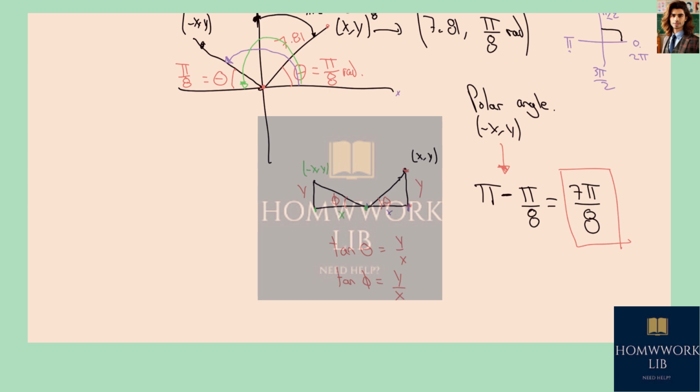So the second option would be adding pi over 8 plus 3 pi over 8, plus the same angle again, because that is going to be the same here, plus 3 pi over 8, which gives us 7 pi over 8.